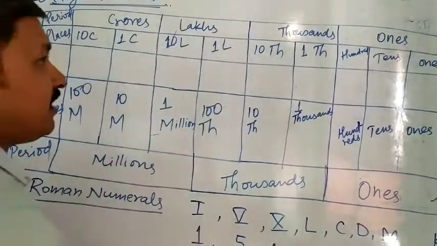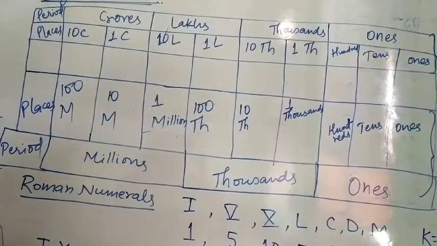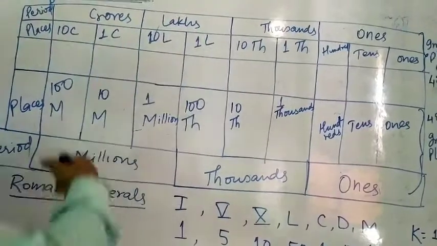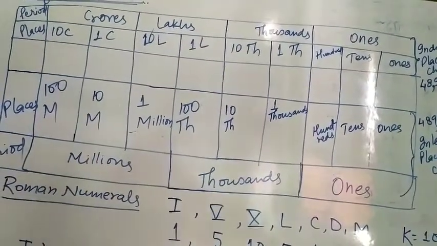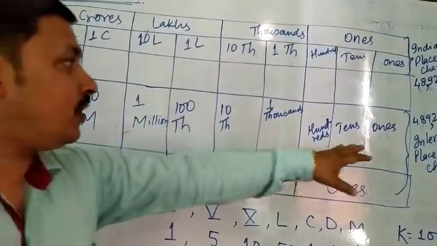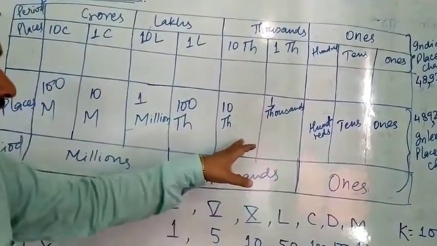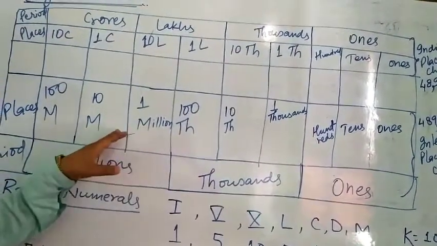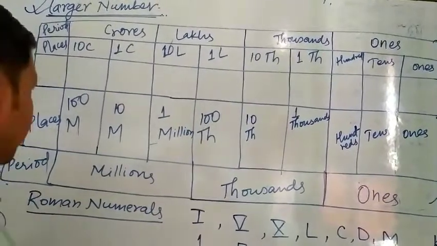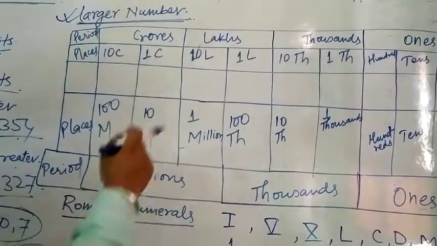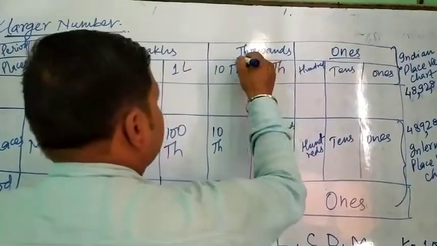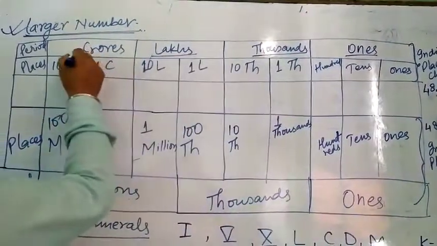In the Indian system, Indian rupees are counted in this way, but in the international system, the amount is counted in ones, tens, hundreds, 1000, 10,000, 100,000, 1 million, 10 million, 100 million, 1 billion, 10 billion, 100 billion. But in the Indian place value chart, there are ones, thousands, lakhs and crores.